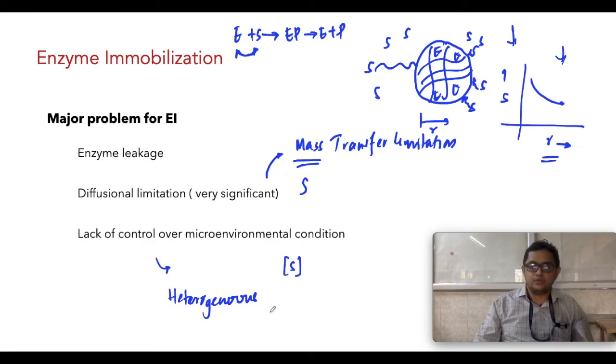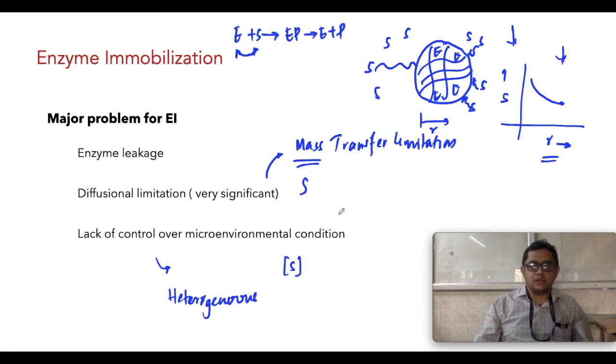So obviously you need to account for everything in order to develop a new model for enzyme immobilization. These are all problems that are not in your hand. You don't know what temperature gradient or substrate gradient is happening inside the beads. You don't know whether all the enzymes inside the beads can be used. In some cases, the substrate only penetrates to a certain point inside the beads, and after that it is unable to go. So the enzyme around the center of the beads is not utilized at all for the reaction.